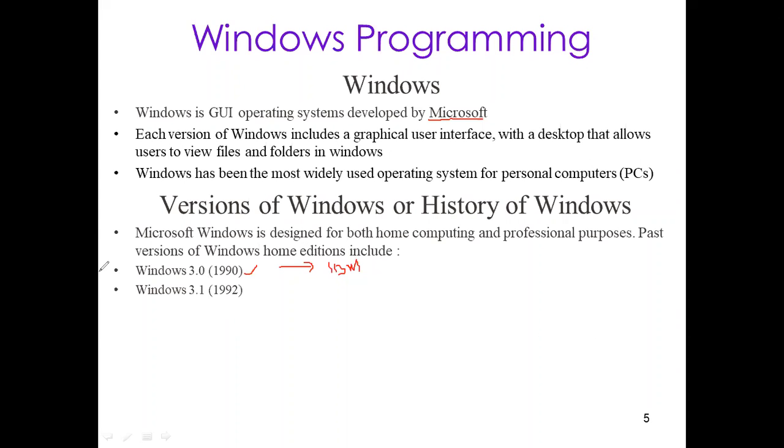But from Windows 3.0, which was developed in 1990, it was the standard version where the entire features were provided.